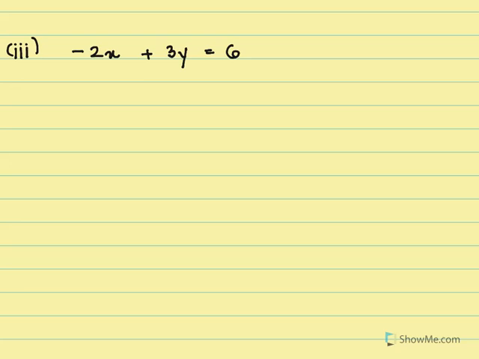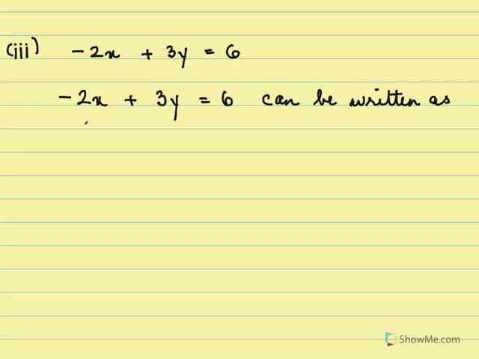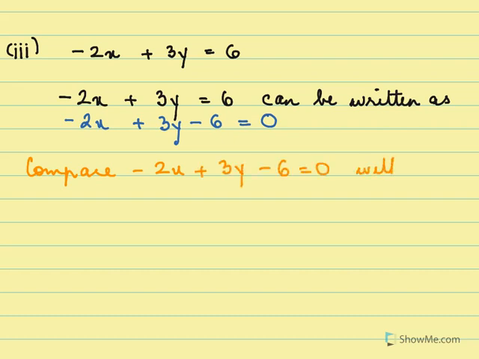Now for the third one, here we need first to write it in the proper form. So minus 2x plus 3y equal to 6 can be written as minus 2x plus 3y minus 6 equal to 0. That's the first part of the sum. Now compare minus 2x plus 3y minus 6 equal to 0 with the general equation, that is ax plus by plus c equal to 0.